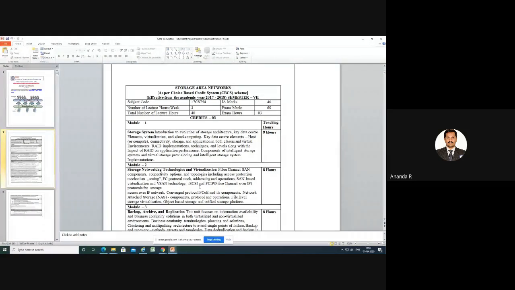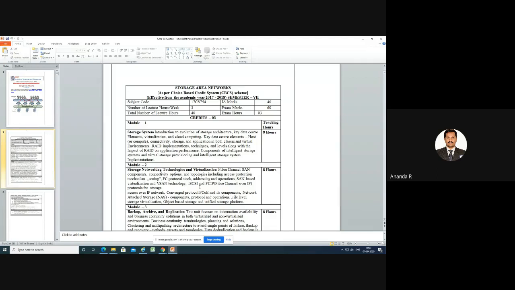It's not new to the 7th semester students, as we already studied what a storage system is. But still, as an introduction to the storage area network subject, we're going to understand about the storage system in module number one.